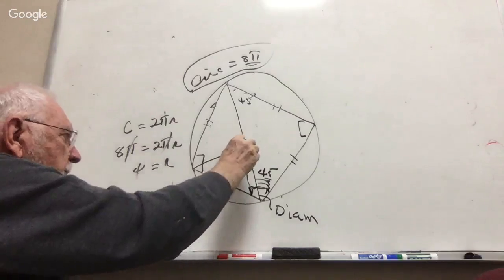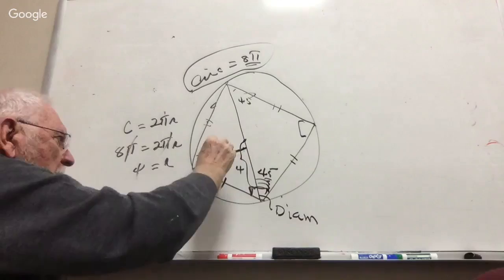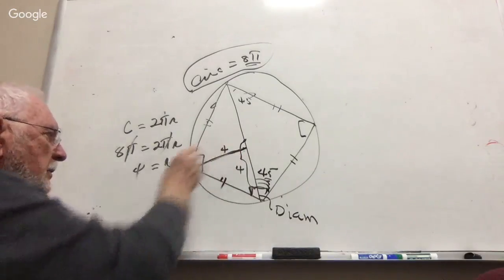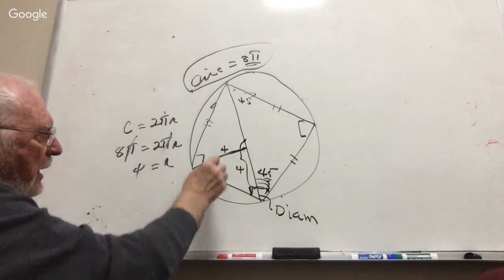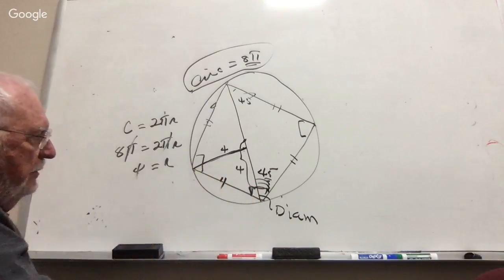Now, what happens? I draw a little line right there. Well, it'd be 45 degrees. All right, and how big is that? 4? Yeah. So can I use that then to figure out how big this side is here?